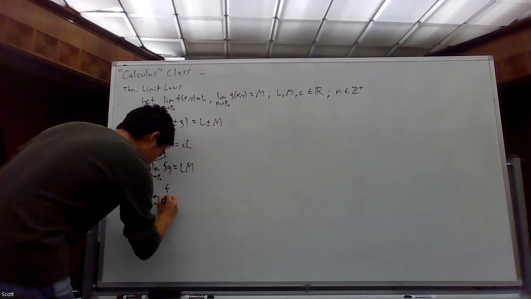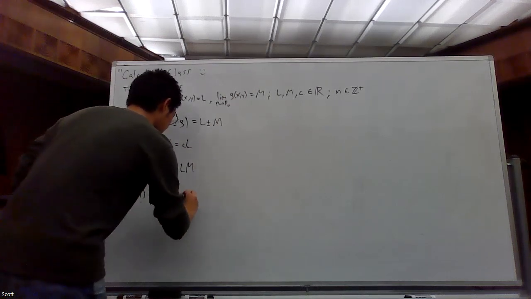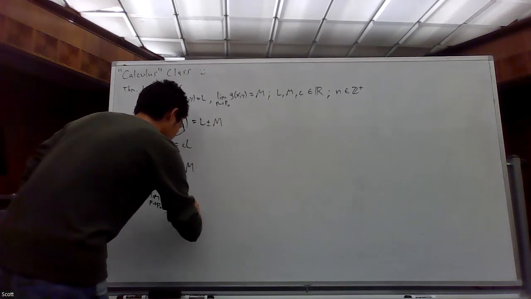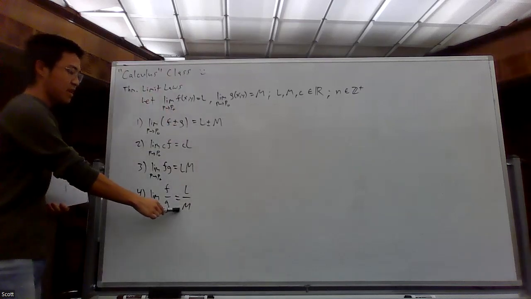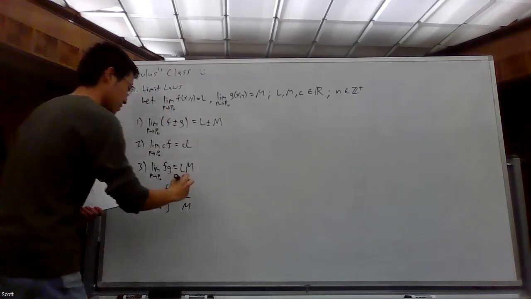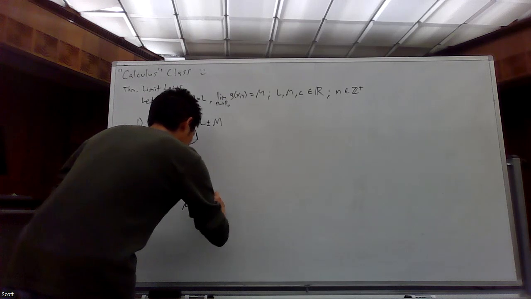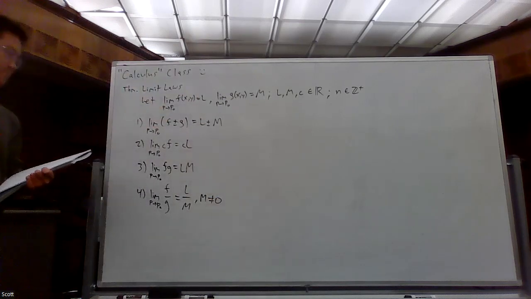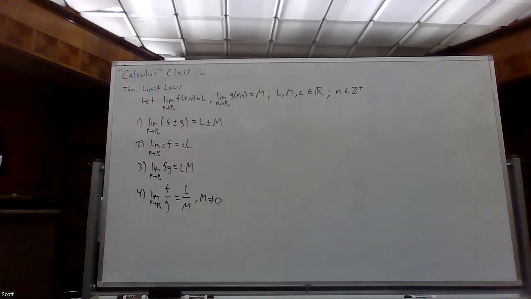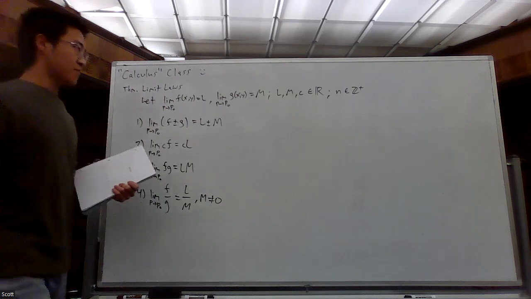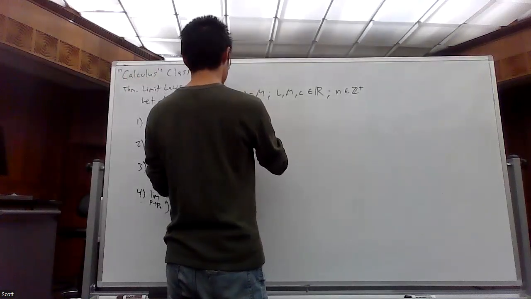This will be L over M. So now we just have to specify that we don't want M to be 0, M not equal to 0. And then the two rules that people forget about are 5 and 6.